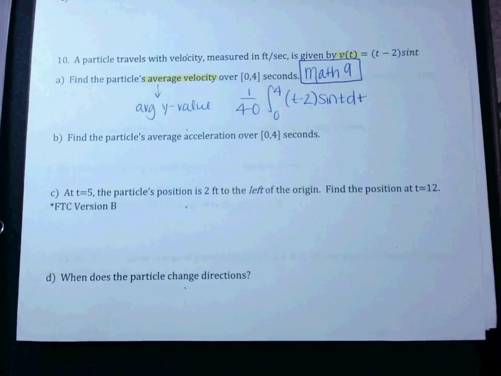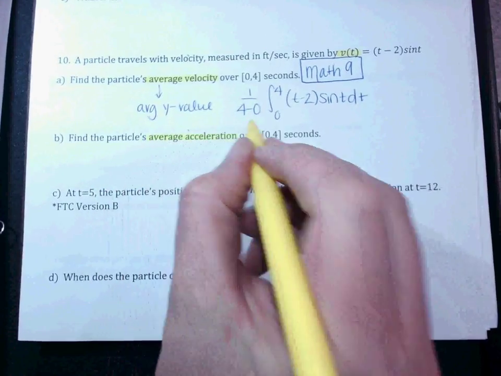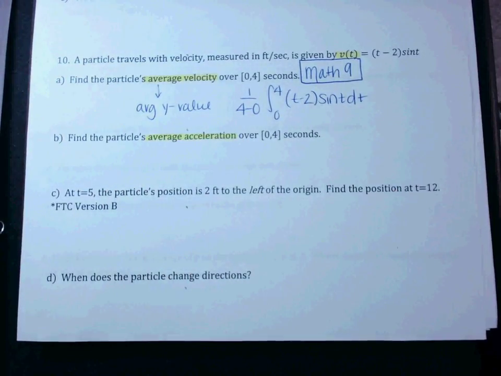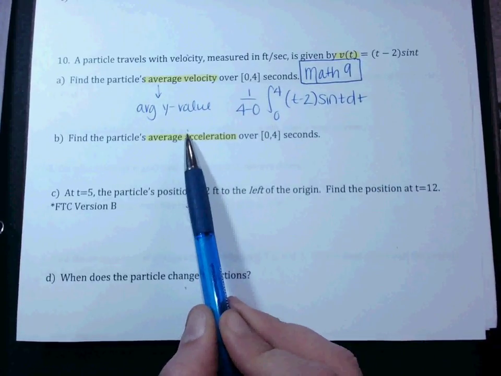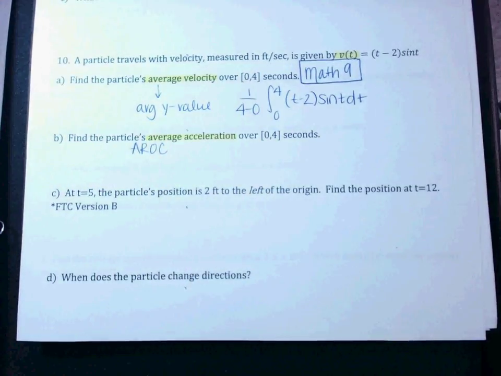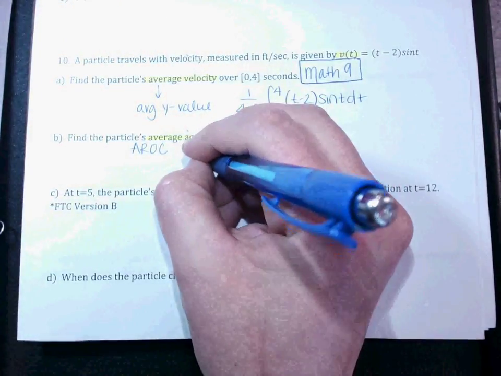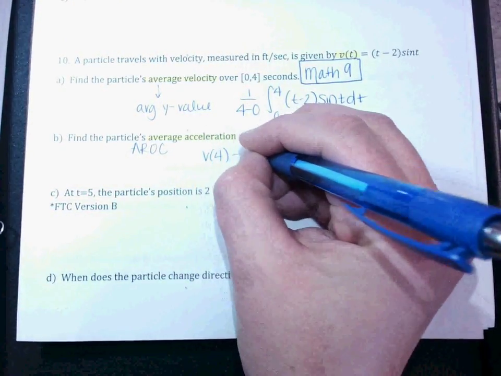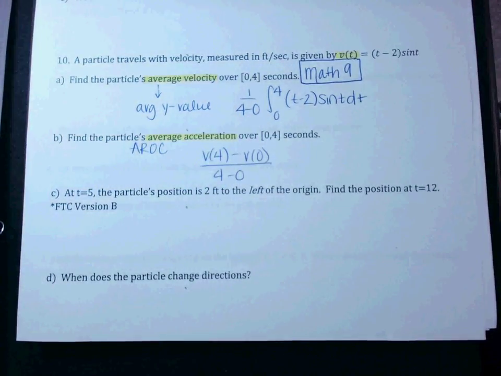All right. Part B. This time you want average acceleration. Is that average y value if this is velocity? That's average slope, which is average rate of change. So remember the difference. If it's a derivative, that's a slope. So you'd be doing v of 4 minus v of 0 over 4 minus 0.